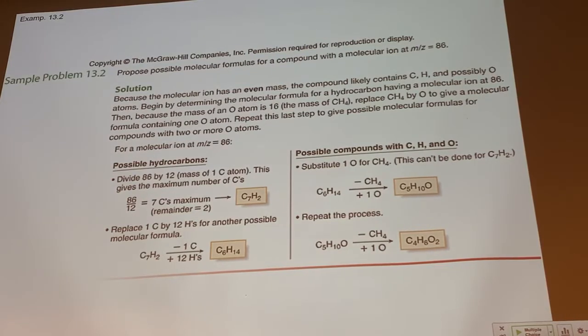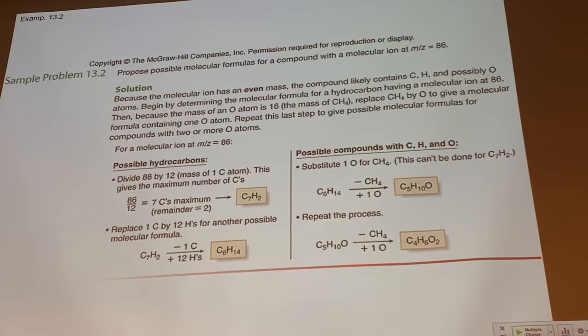So how do we get from this to a reasonable formula? Well, you subtract a carbon and add 12 hydrogens in its place. You can remove elements and add a number of elements that's going to have an equivalent mass. So we take out 1 carbon, add 12 hydrogens. Now we get C6H14. Is that a reasonable formula? Indeed, that's hexane. That's what we had on the previous slide.